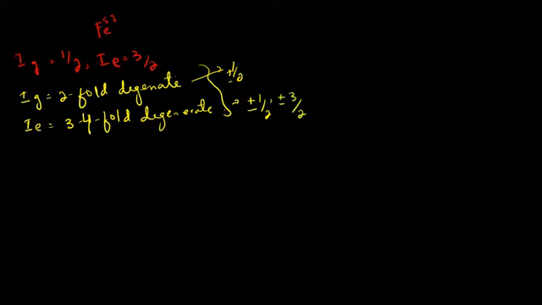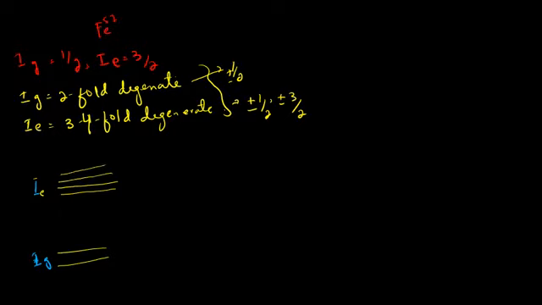Now we can draw the excited and the ground state. For the ground state, we know that it is doubly degenerate, a two-fold degenerate state, so here I will draw two states. And the excited state is four-fold degenerate, so here I will draw four different states.